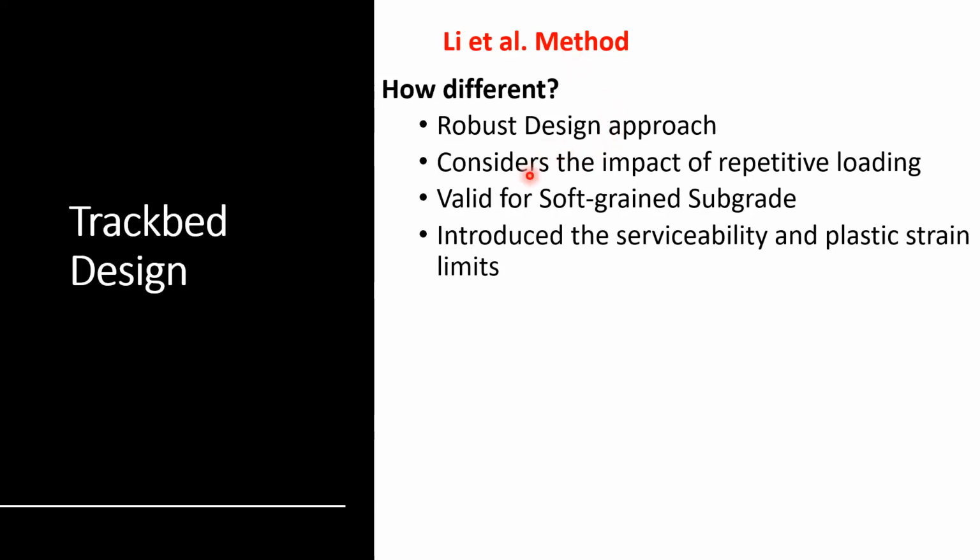It considers the impact of repetitive loading, and it's valid for soft-grained subgrade. At least this is how they developed their approach. But with the right amount of data and the right information, you may be able to extend it, but be a little bit cautious if you extend it to other, not soft-grained soils, like silt clay intermix, for instance, like glacial till and stuff like that.